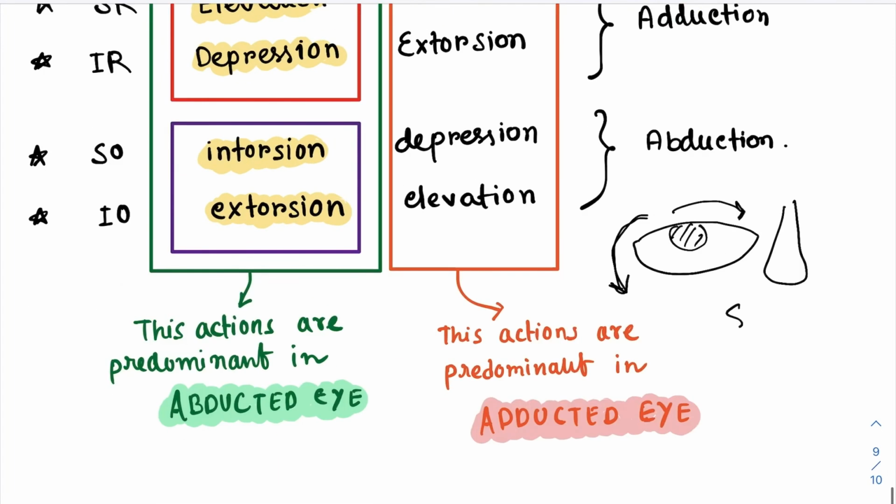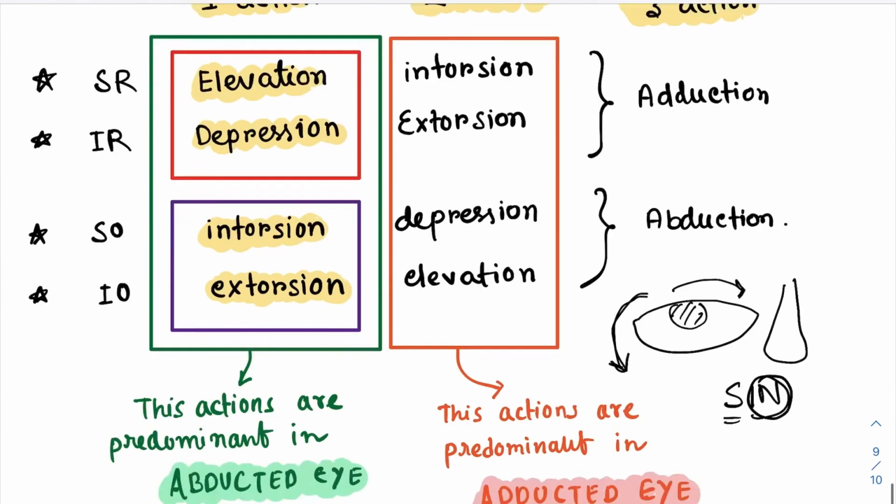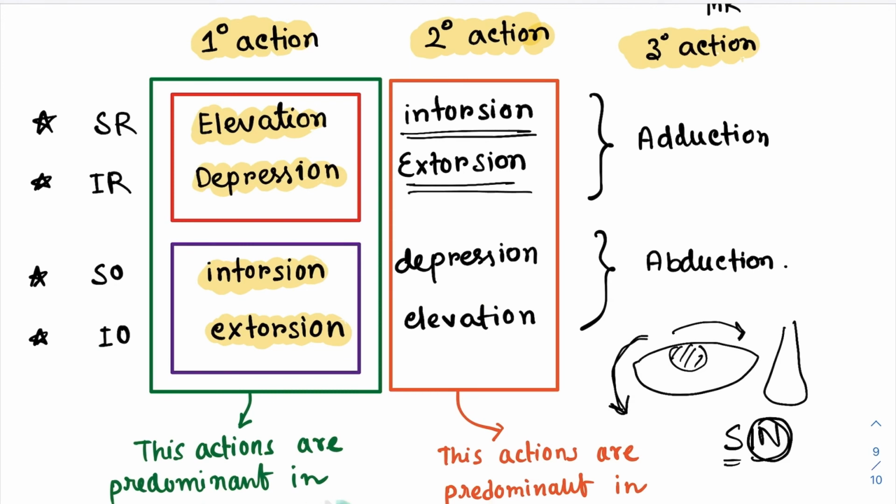So the mnemonic SIN: the superior muscles are always intorters, that is, they cause intorsion. So superior rectus causes intorsion, inferior rectus extorsion.